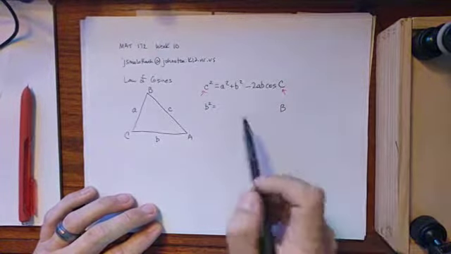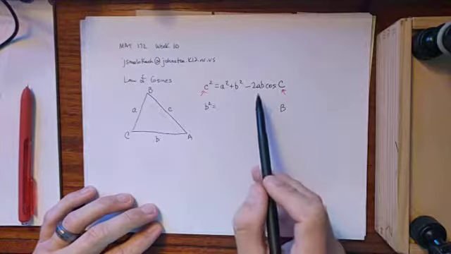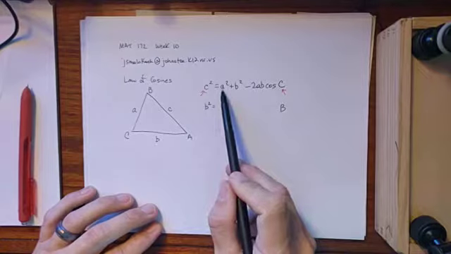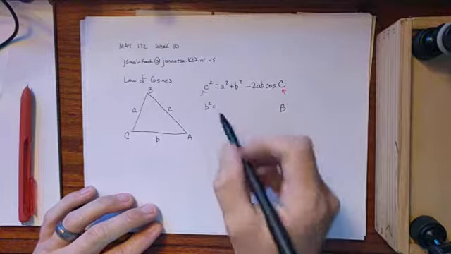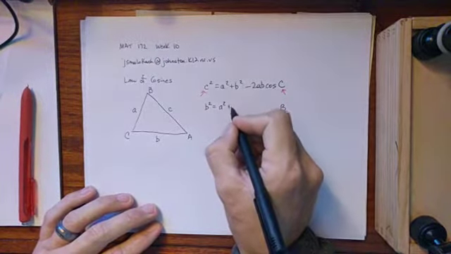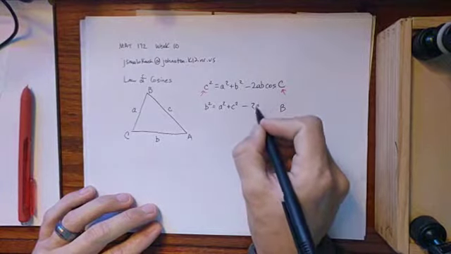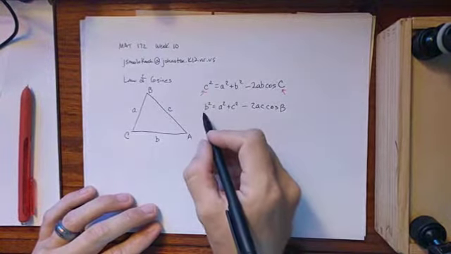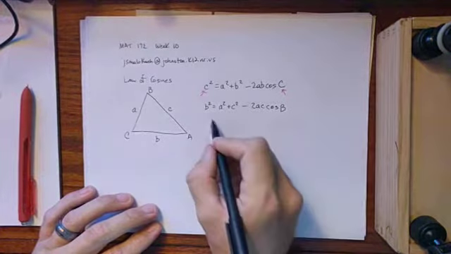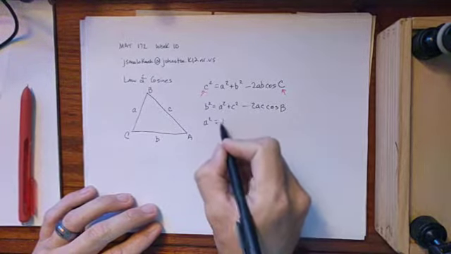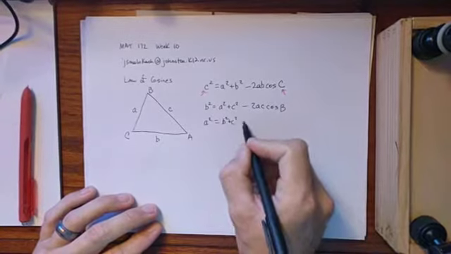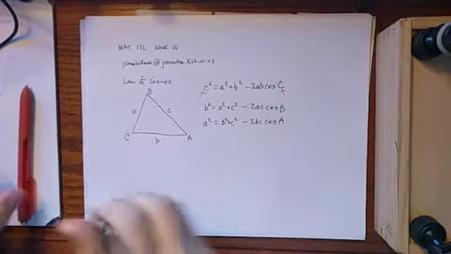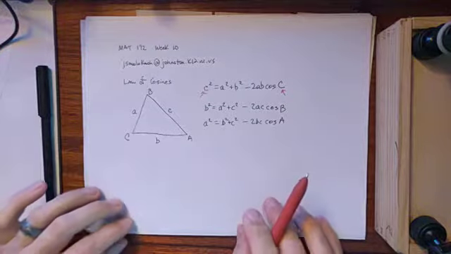If these letters are B and B, all the other letters are different from the ends, so the other ones should be A and C, and then the cosine of angle B. Or you can do a squared equals b squared plus c squared minus 2bc times the cosine of A.